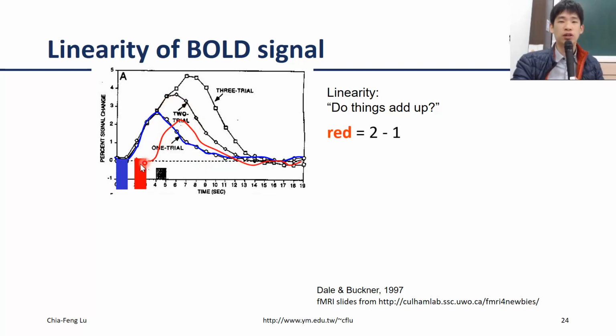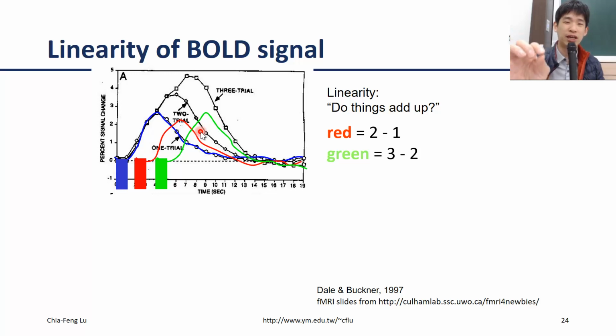If you use the second curve minus the first one, you will get a red one. And again, you can use the third curve minus the second one, so again, you get a green one. Okay, so you can see that the three profiles are similar with each other, not really identical, but actually similar.